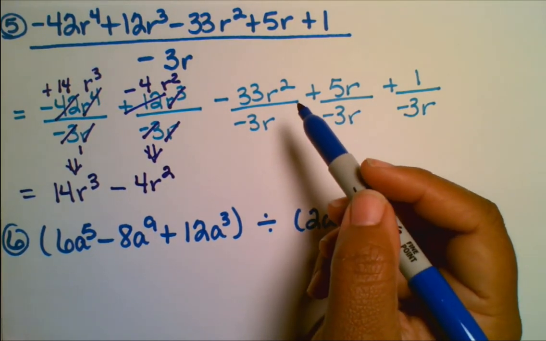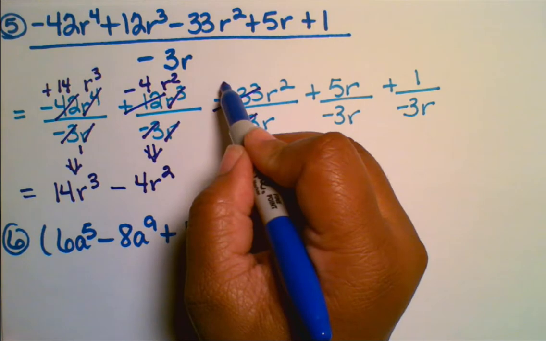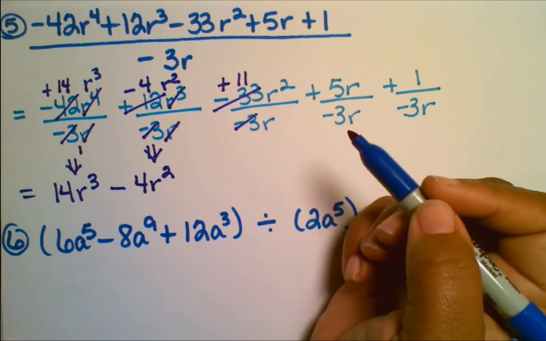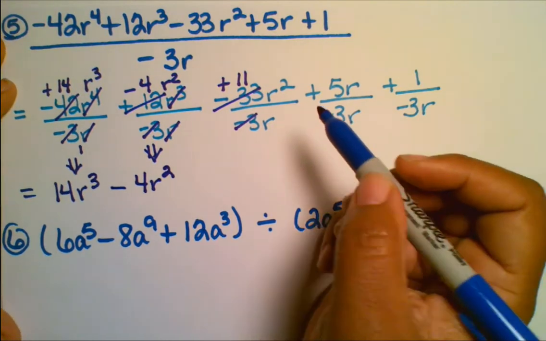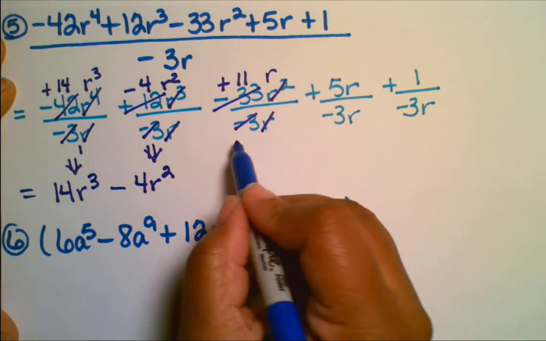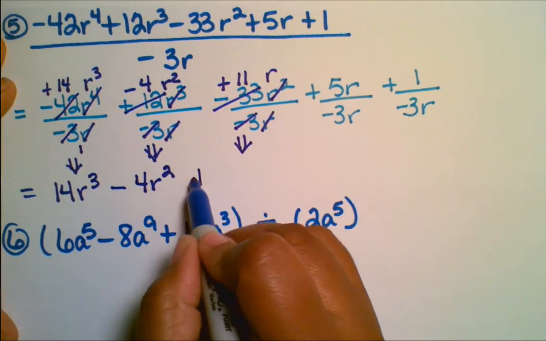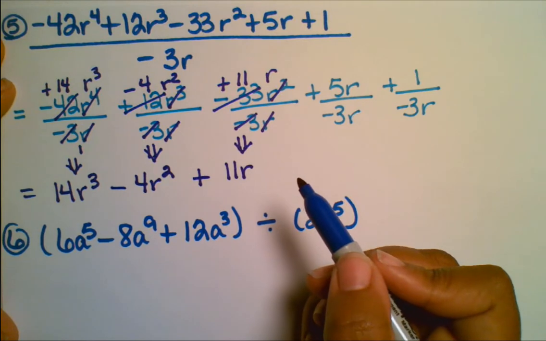The next term, negative 3 divides into negative 33, positive 11. And then r divides into r squared, r times. So that third term will be positive 11r.